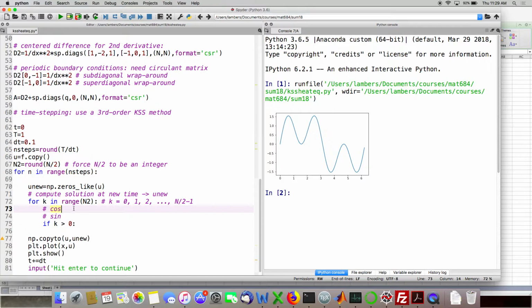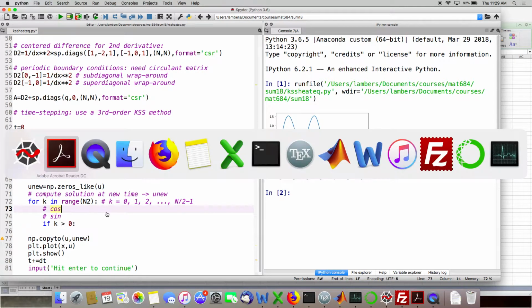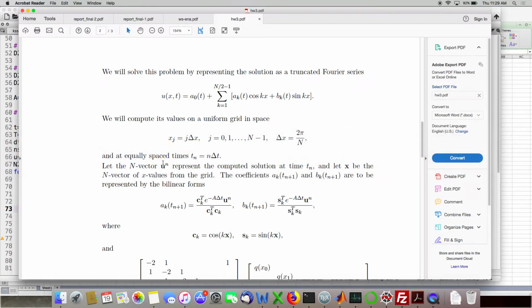Now, if we go back to the Fourier series, I need to compute these coefficients and multiply them by the appropriate cosine or sine. And our solution is evaluated on the grid at our x values. So I need these cosines and sines at those x values.